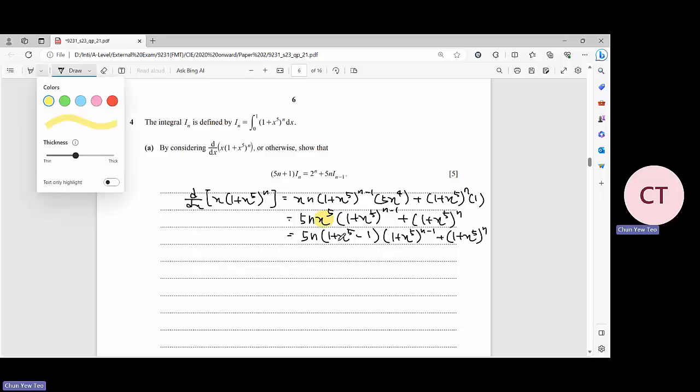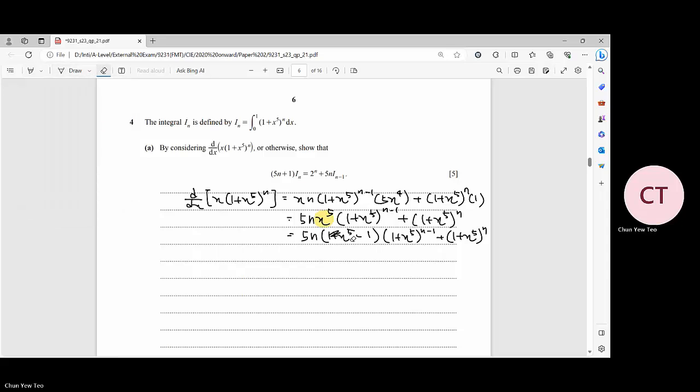So after you make it in this way, okay, wait for a while. This is the part that you have changed it to. Then this is considered the same base. You can expand them and multiply them.